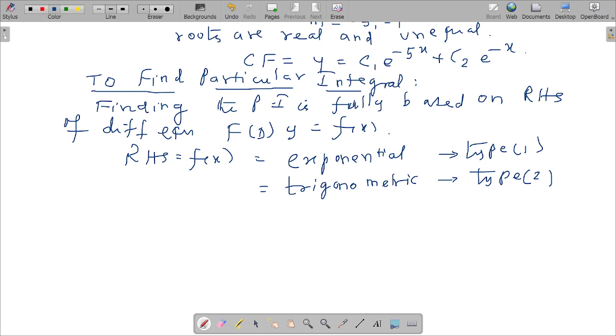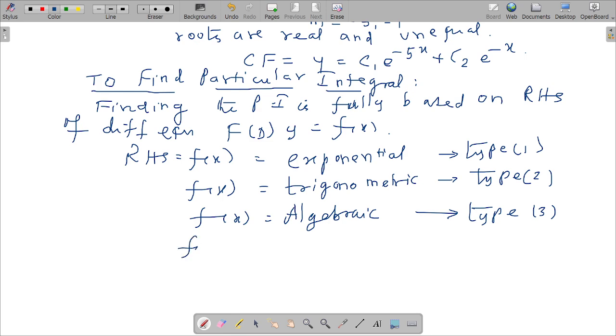Or this f of x may be algebraic, it is type 3.